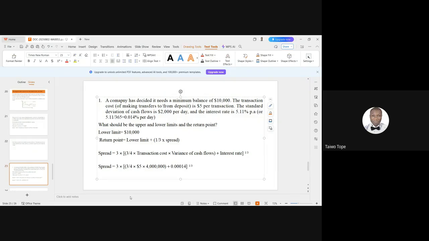Where's your calculator? 0.014 divided by 100 gives 0.00014. Yes.